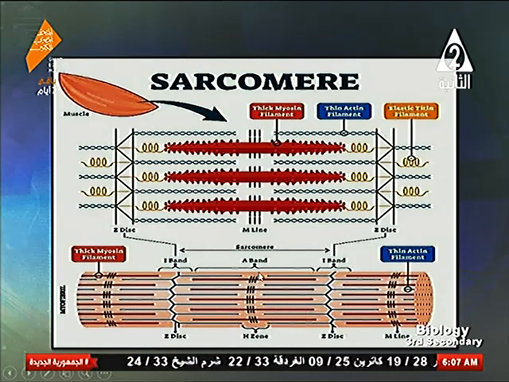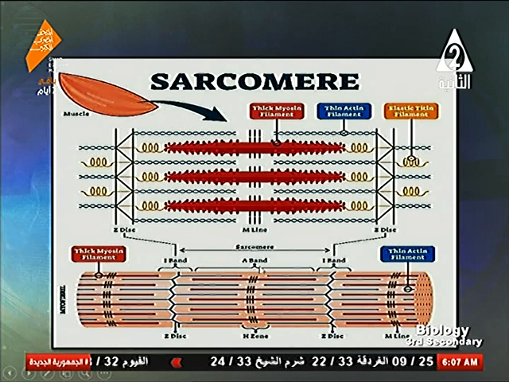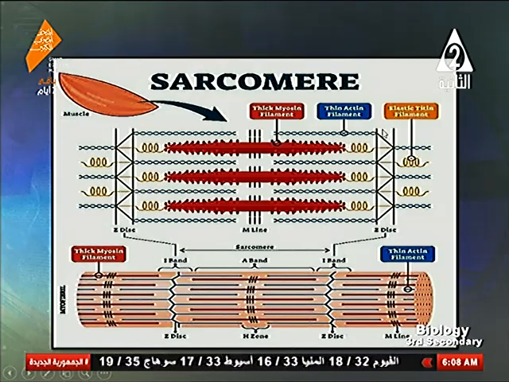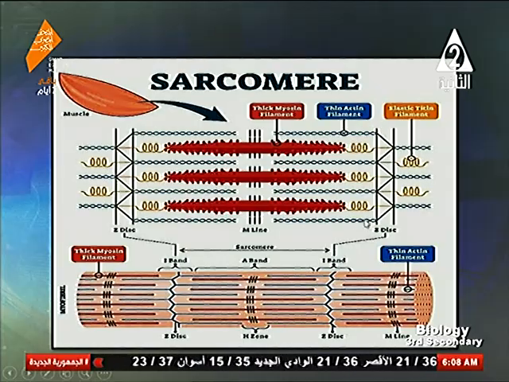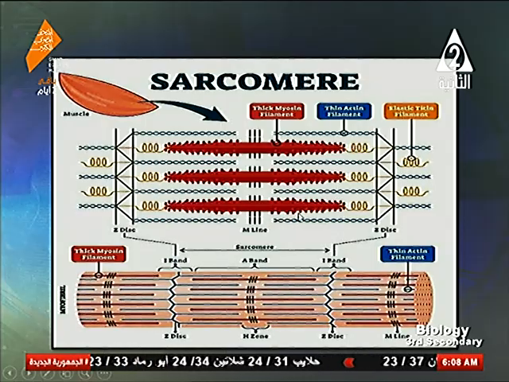The A band consists of two types of protein: the thin protein filament actin, and this one is the thick protein called myosin. So the thin protein filament actin forms the light discs, while two types of protein, actin and myosin, form the dark discs.